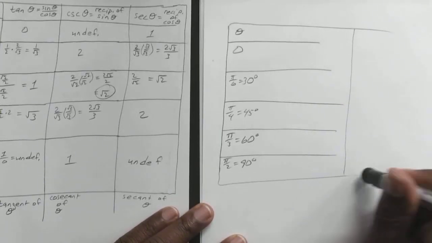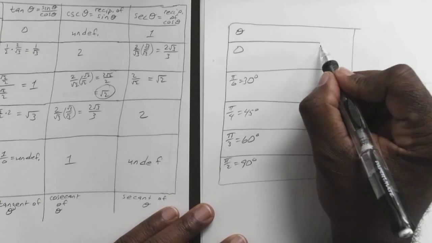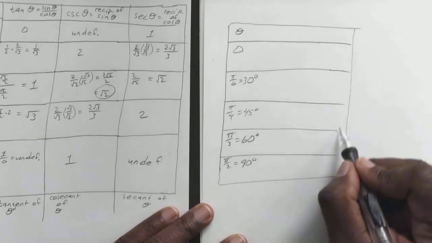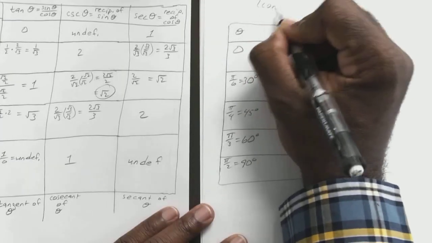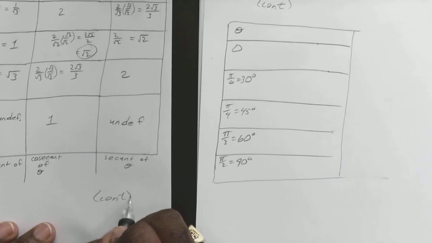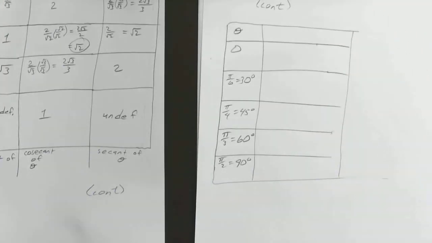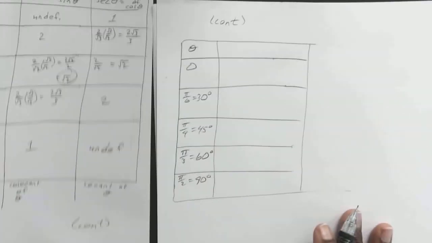Nope, actually could have stopped right there since we only need one. So we'll continue here. Okay, and the last one is cotangent, which is just tangent flipped.